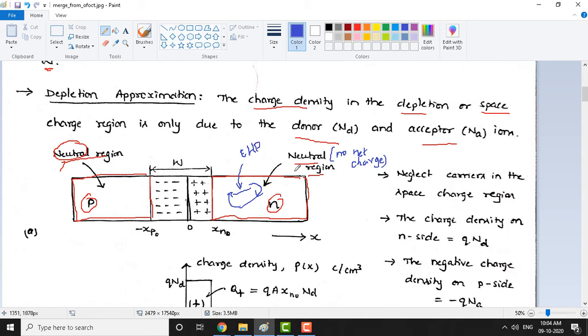So there is no net charge in the n region, and therefore it is considered the neutral n region.